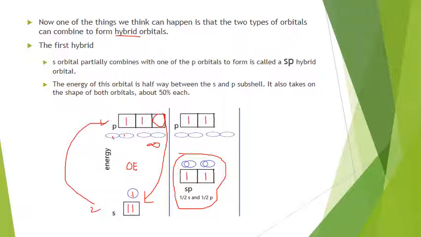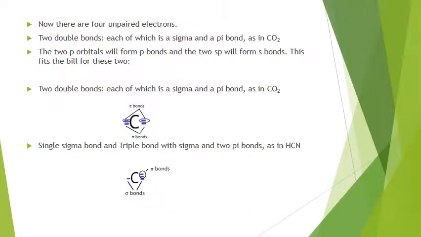So overall, if you have carbon in this situation, it can have 2 p electrons and it can have 2 sp electrons. We'll see how that ties together in a little bit. Now there are 4 unpaired electrons: there's 2 sp's and 2 p's.